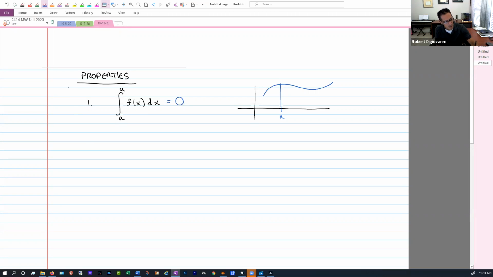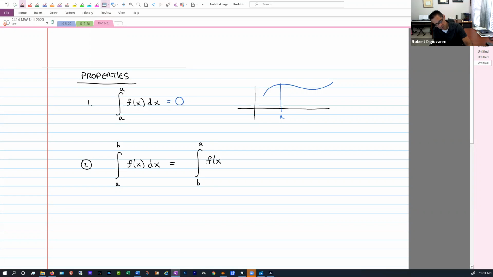Okay, the next one is a little bit harder. The integral from A to B of some function should be equal to, well, I don't know. You tell me if you think this is equal.